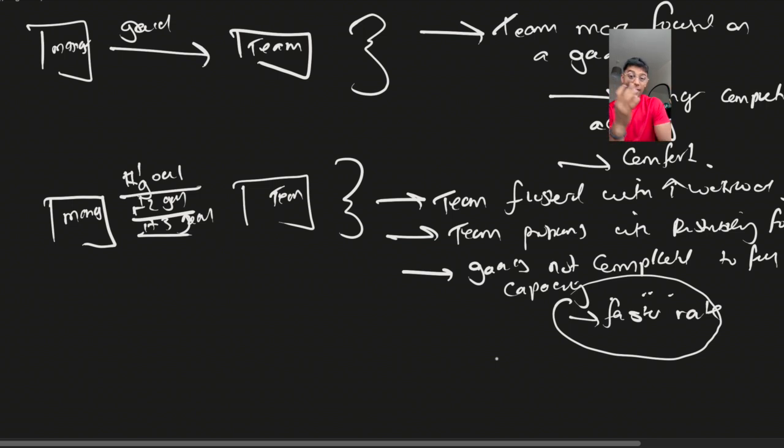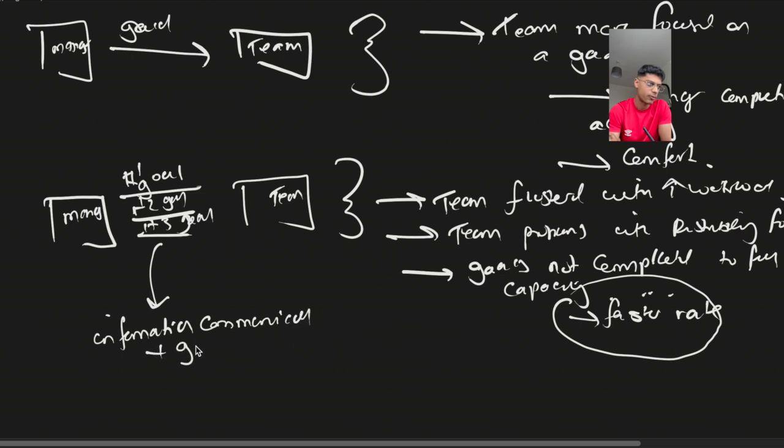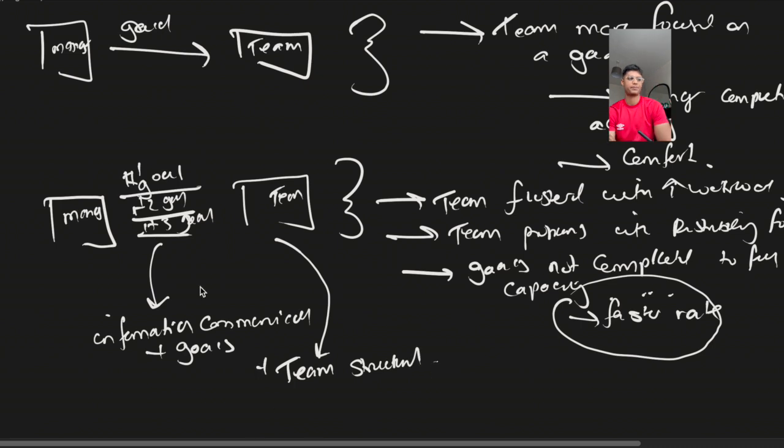And what it really depends upon is the information being communicated, in this case the goals, and also on the teams and how the team is structured. That's a quick summary there.